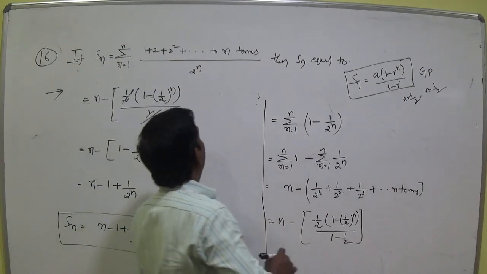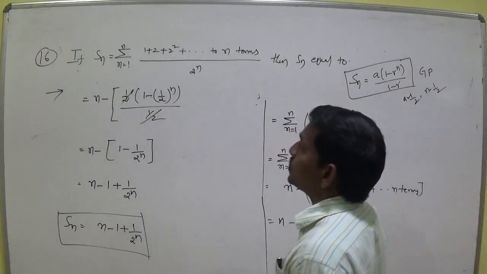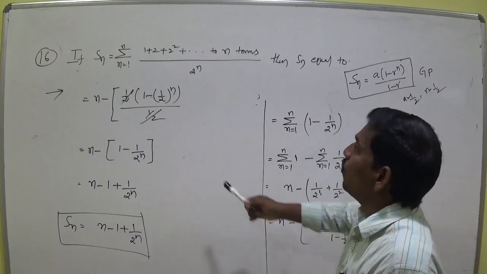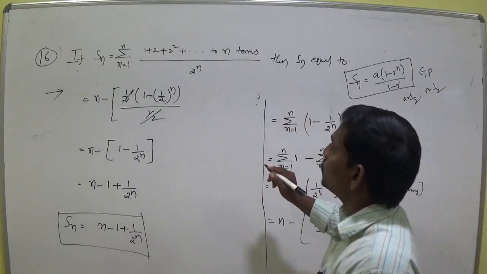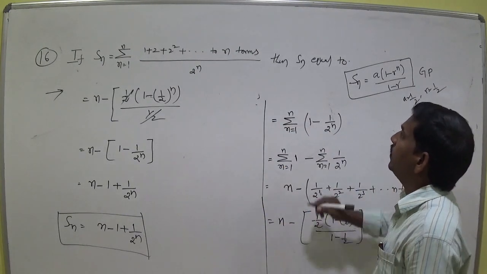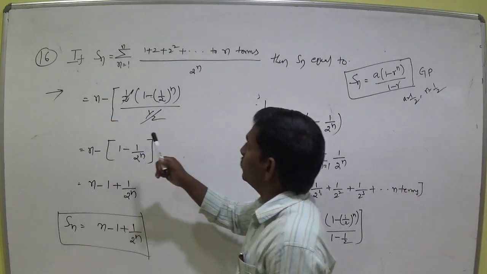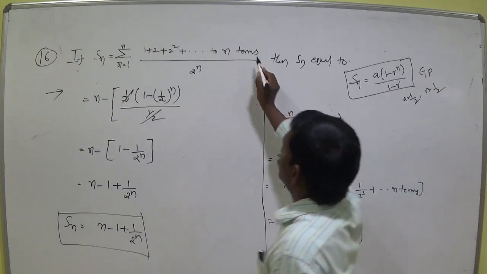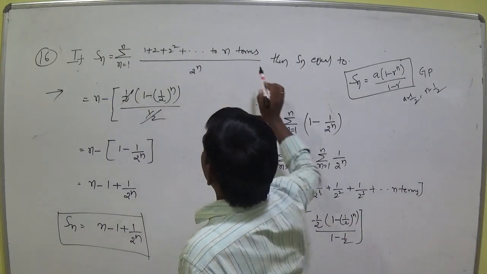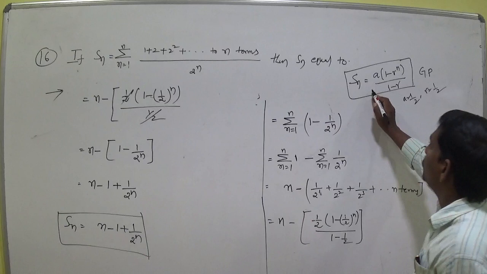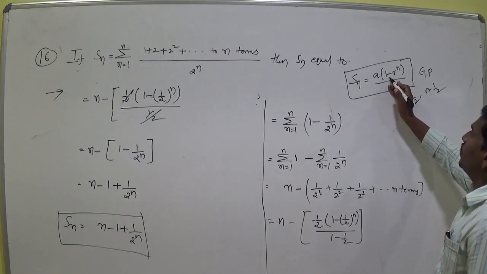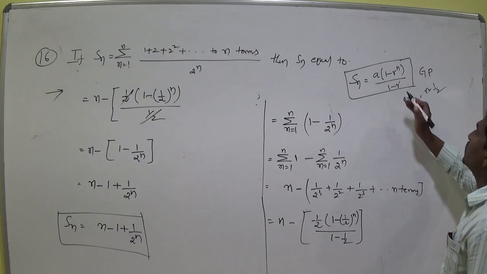If Sn equals sigma n equal to 1 to n, 1 plus 2 plus 2 square and so on to n times by 2 power n, then Sn equals to n minus. So first of all we have to substitute using the formula Sn equals A into 1 minus r power n by 1 minus r.